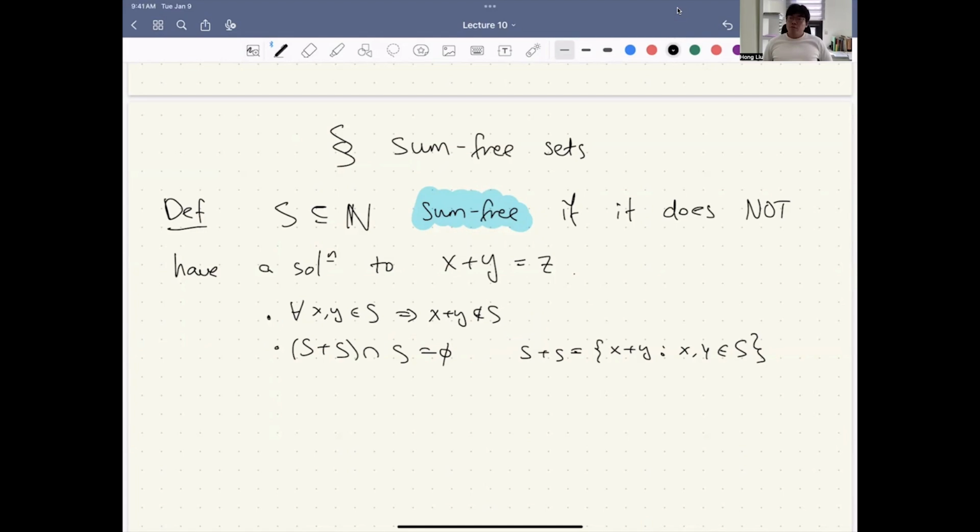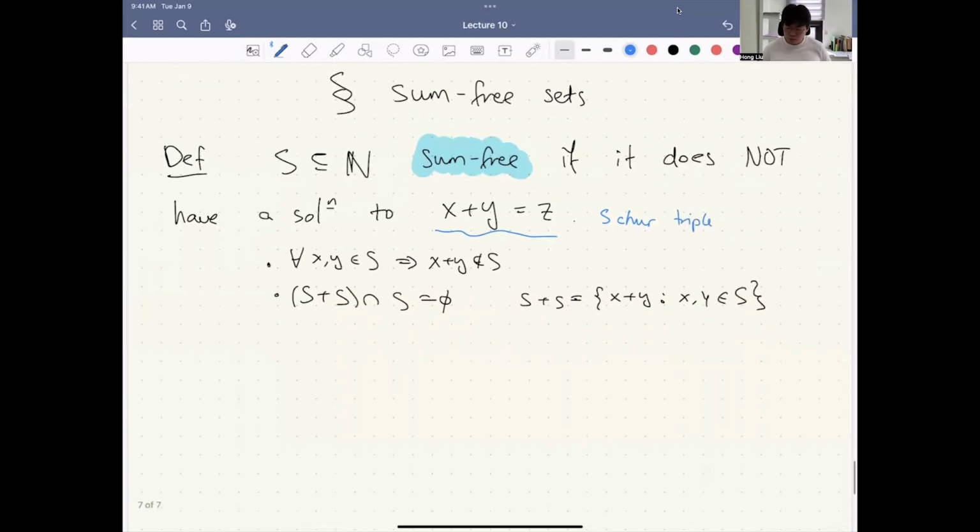Remember that one of the basic Ramsey type statements proved by Schur is about what is called a Schur triple. Schur proved that Schur triples are partition regular, meaning that if you color the natural numbers by a bounded number of colors, then for sure you will see a monochromatic solution to that.